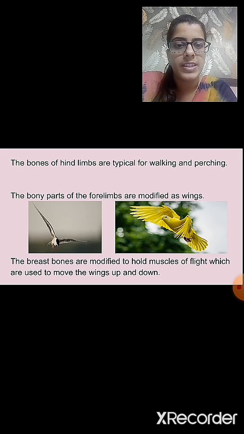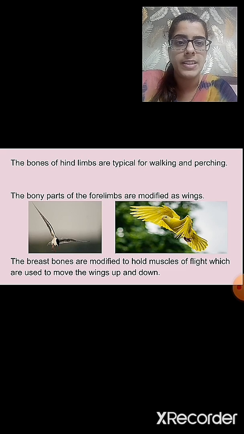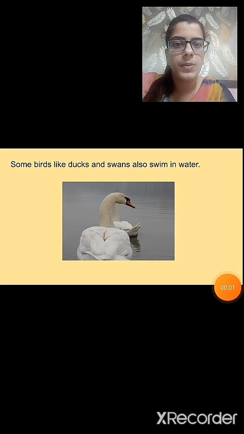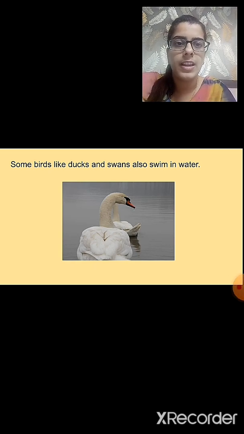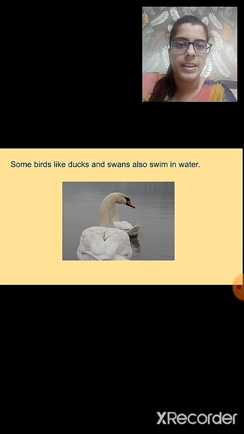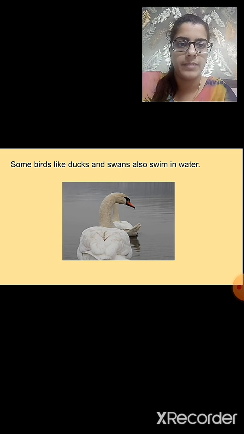The breastbones are modified to hold the muscles of flight, which are used to move the wings up and down. Also, there are some birds like ducks and swans that swim in water. There are also some birds that cannot fly, like the ostrich, emu, etc.